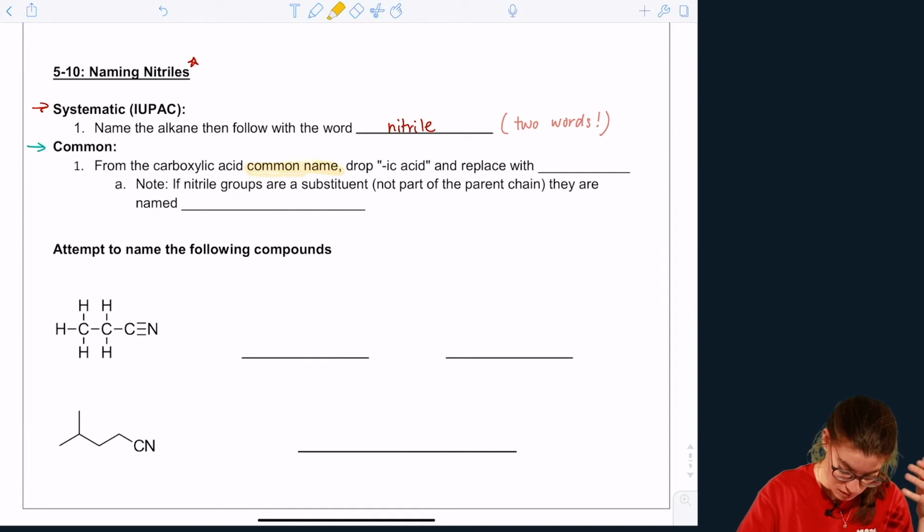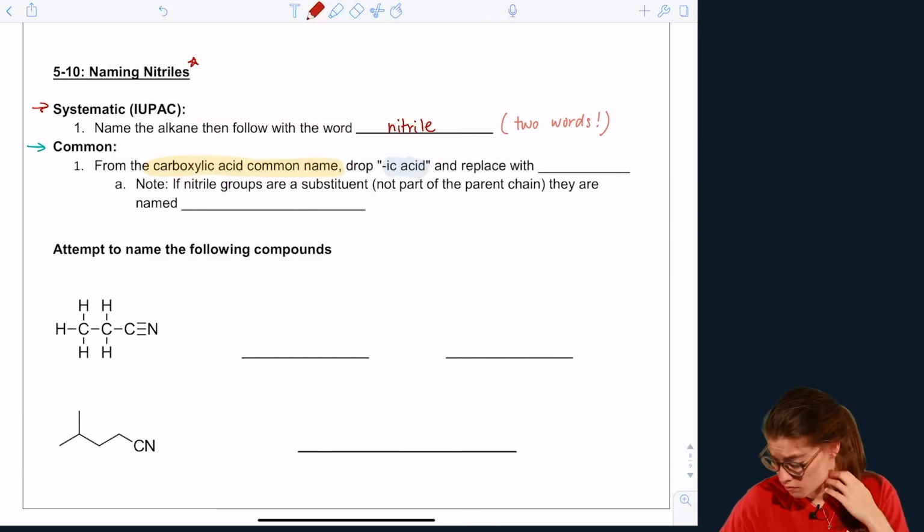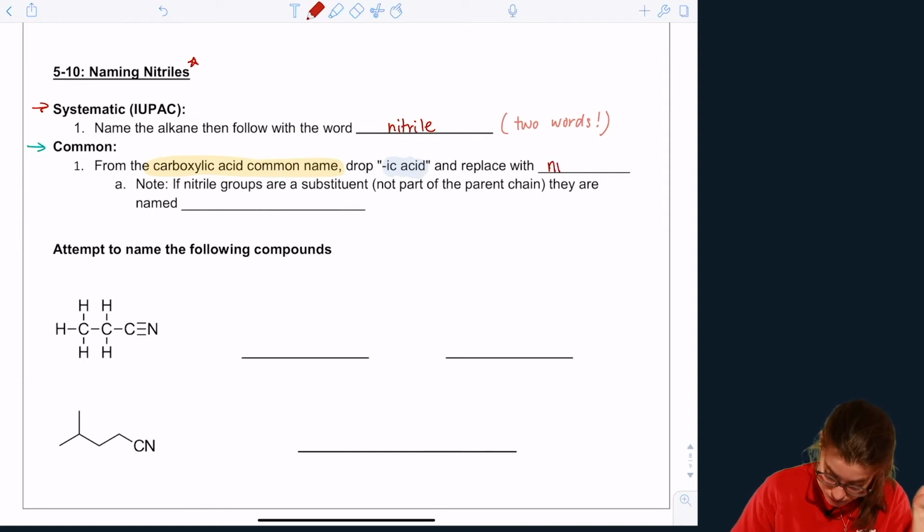So just remember that. You have to use the common carboxylic acid name, and we're going to drop the ic acid and replace with nitrile. Okay, so it's actually very similar to this up here. The other interesting thing is this is all one word.